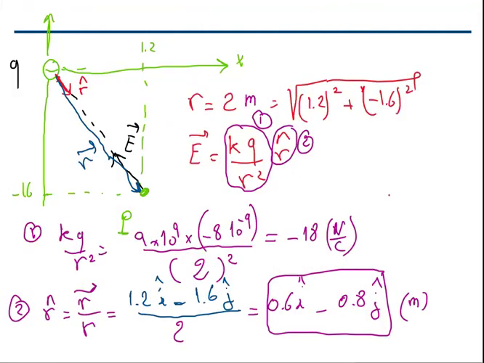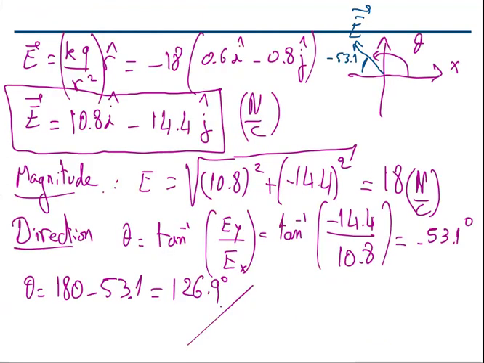I think that there is something missing. Oh, we missed this negative sign here and negative sign here. Yeah, because we have minus 18, not 18. Good. So it's almost the same result, but the electric field should be negative 10.8i.